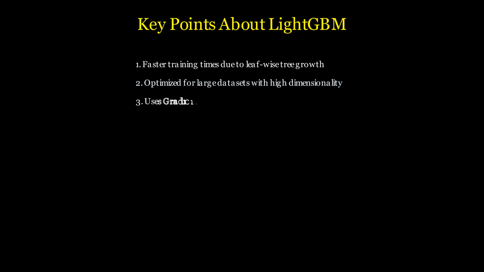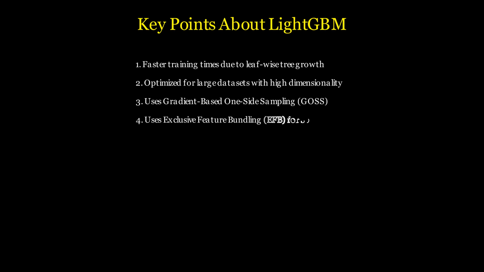LightGBM uses GOSS to focus on data points with large gradients, improving training efficiency. EFB combines mutually exclusive features into a single feature, reducing the number of features and improving efficiency.